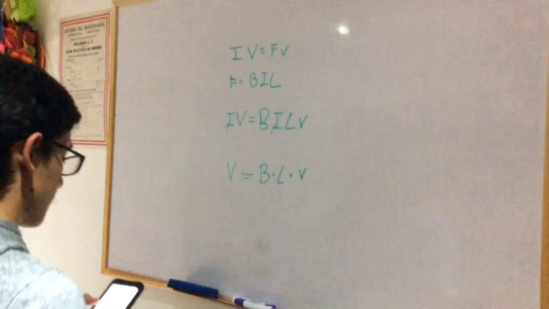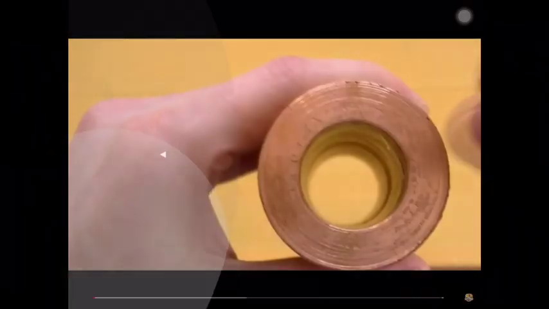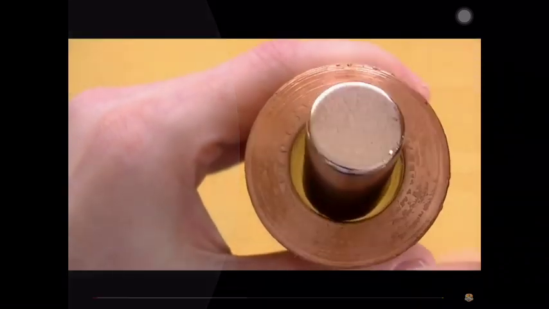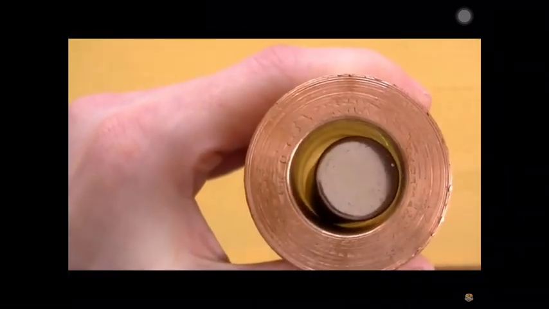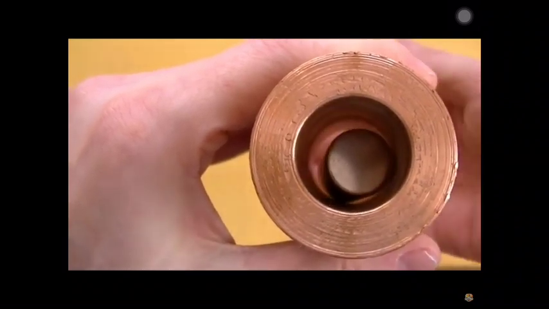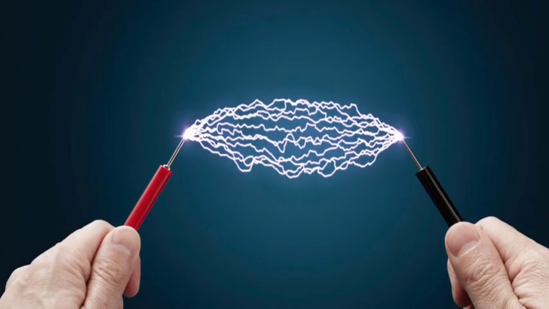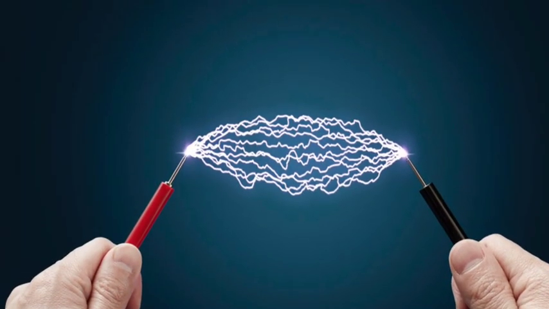Lenz's law can be evidenced more when passing a magnet through a copper wire, because as the two magnetic fields oppose, a force is generated opposing the fall of the magnet, and it causes the falling time to take longer than usual. But to take a good profit of all of these concepts, we should analyze generating domestic energy.